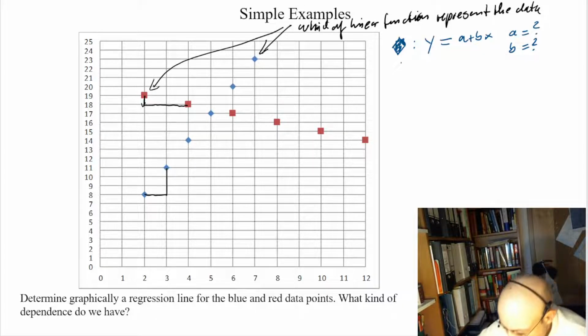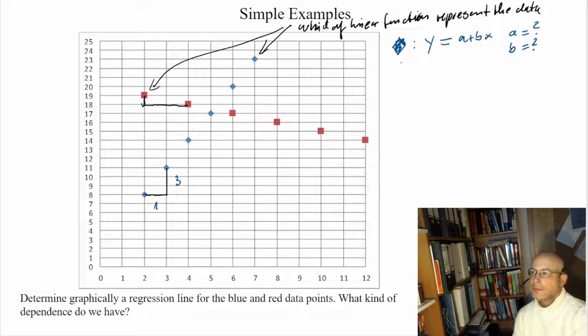So here we have 1 and this is 3. Any idea?